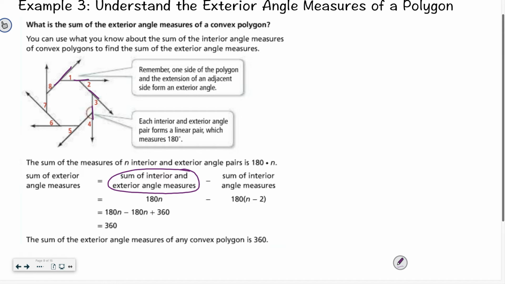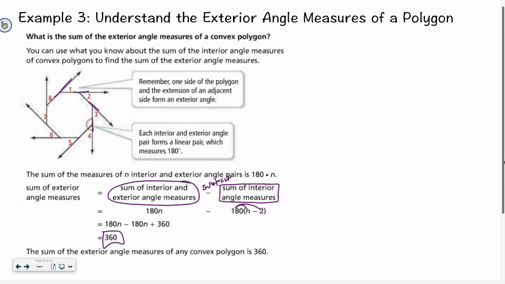So I have to subtract the interior. And we know that the way that you find the sum of the interior angle measures is you do 180 times n minus 2. So if I distribute 180, I would have 180n minus 180n plus 360. Those 180n's would cancel, and I would be left with just 360. So that means that the sum of the exterior angle measures is 360 degrees.